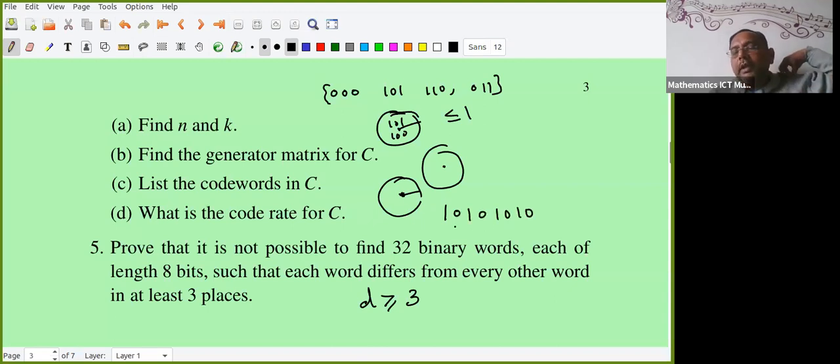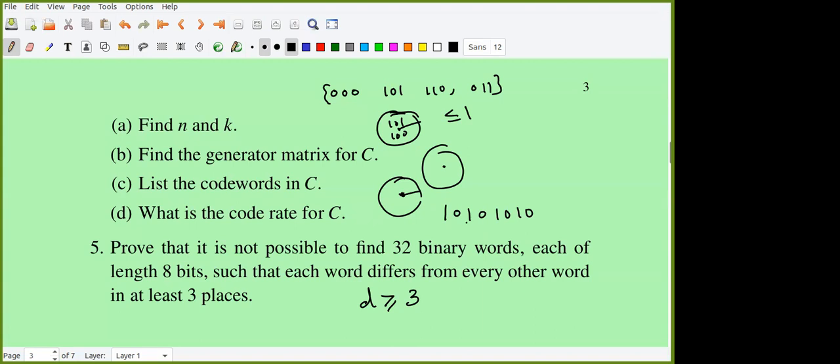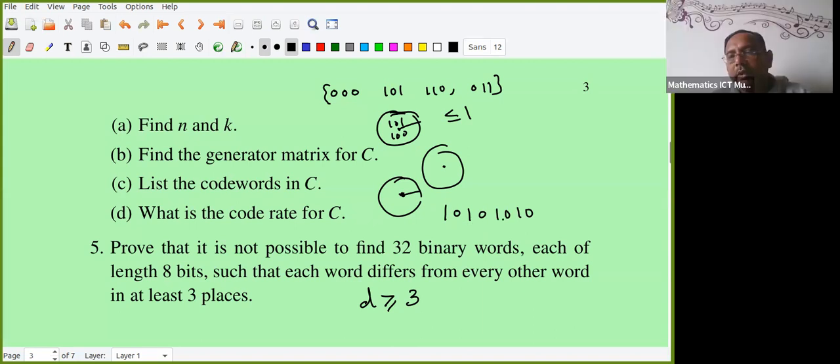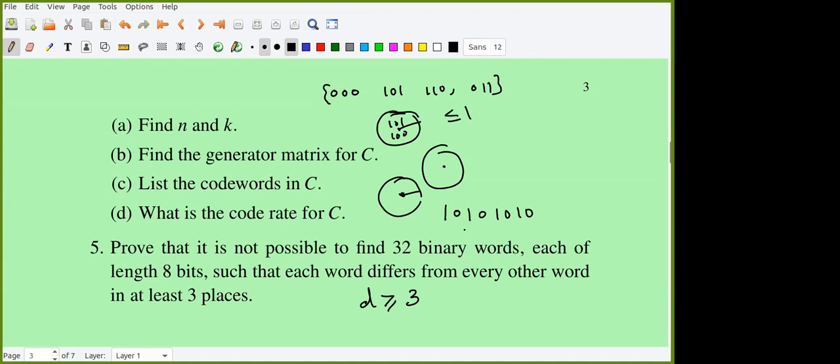Can you give me one vector whose distance from this is 1? 0, 0, 1, 0, 1, 0, 1, 0. Yes, only one of them I make 0. So how many vectors are there at distance 1 from this? 8. Very good. How do you know that?